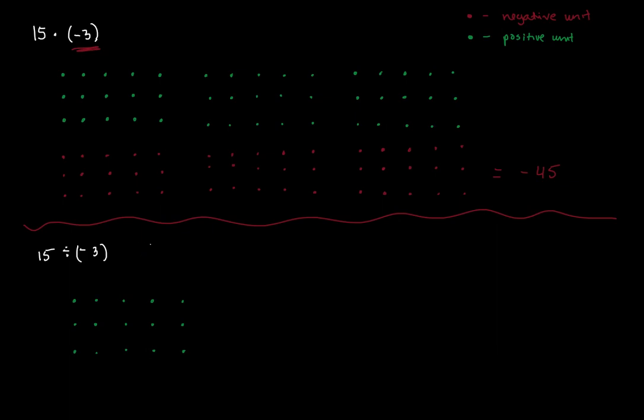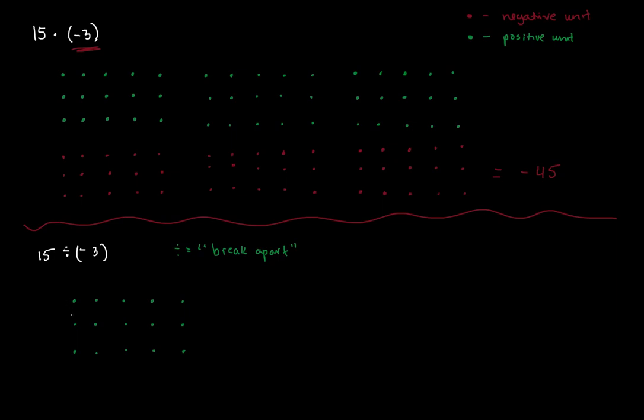And remember, when we think of division, division is a fancy way to say break up. You break apart a set of numbers or a set of objects. So I'm going to break this 15 up into 3 pieces.